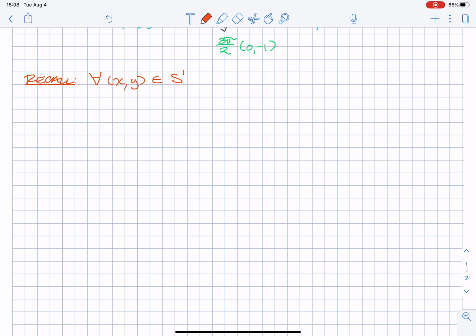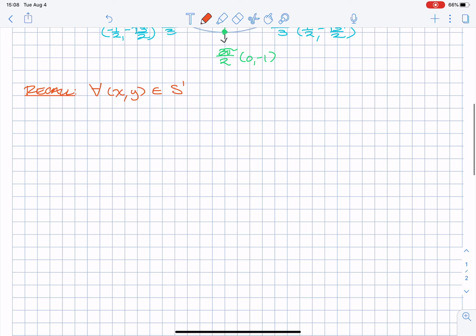So that can be read aloud as on the unit circle, corresponding to theta, we have that x must be cosine of angle theta, and y is sine of the angle theta if we're on the unit circle.